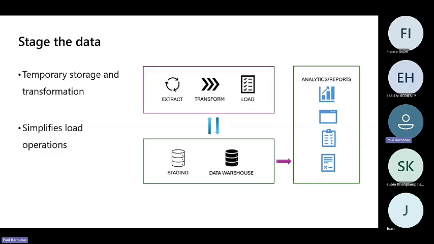When you extract and transform your data, you can load that data into your staging area. Most times that area can be referred to as your silver zone, if you are considering this from the perspective of a medallion architecture, where you just put everything there. It might not have taken a lot of shape.